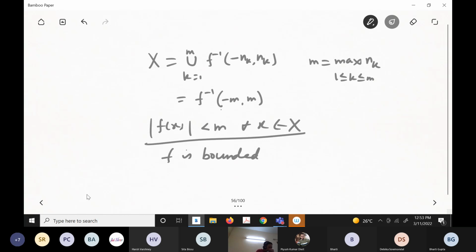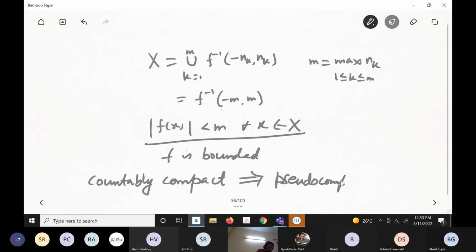But there is not much difference between countably compact and pseudo compact. Let me tell you that. So countably compact implies pseudo-compact. But there are pseudo-compact spaces which are not countably compact.